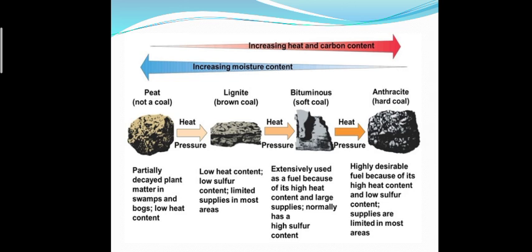After that, bituminous will form, which is soft coal, and then a hard coal is formed, which is anthracite. And of course, anthracite is found in the later stage, so it will be found very deep under the surface of the earth. So you can go through this slide by pausing the video and try to learn the properties of these 4 stages of the coal.